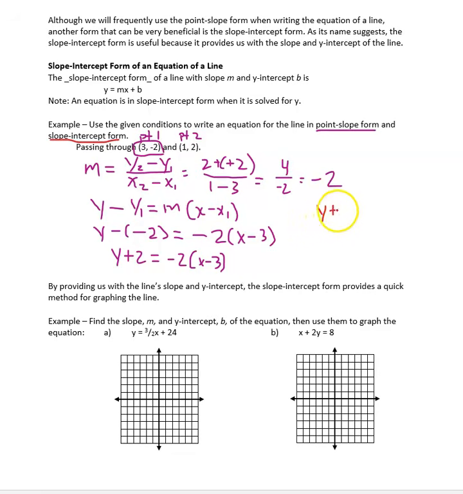So I get y plus 2 is equal to negative 2x plus 6. Subtract 2 from both sides, and I get y is equal to negative 2x plus 4.